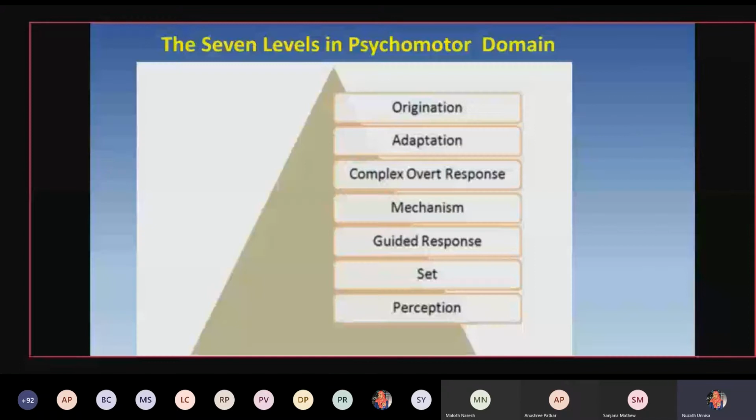Now moving on to the psychomotor domain. Here I have listed the psychomotor domain. Again, it has a hierarchical level. There are 7 steps or 7 stages in which the psychomotor domain can be classified. Now, before moving ahead with the psychomotor domain, let us get familiar with what exactly the psychomotor domain is.